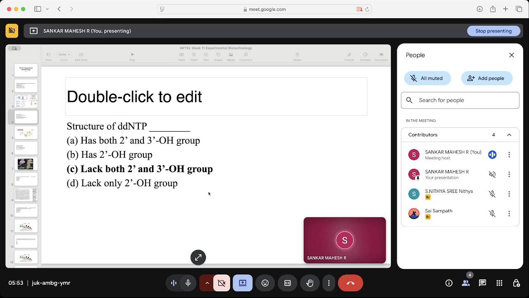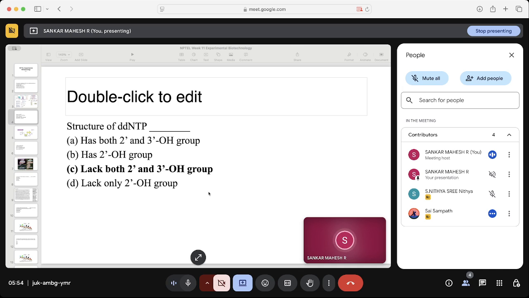Okay, so does anyone remember where the covalent attachment of the next nucleotide happens with the previous nucleotide in a DNTP? Sir, at a normal sequence, 3' OH to 5' phosphate, it forms phosphodiester bond. Yes.